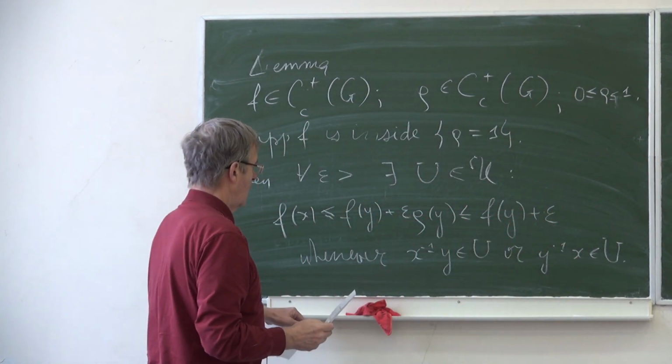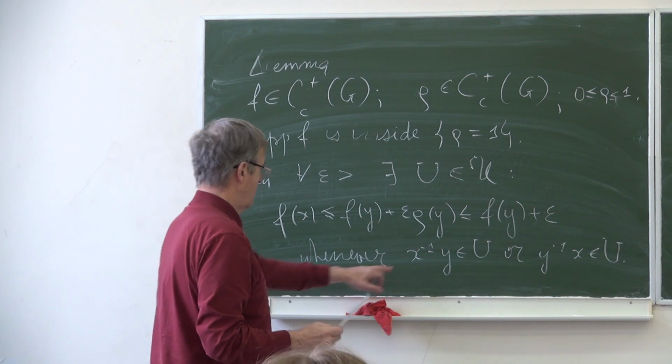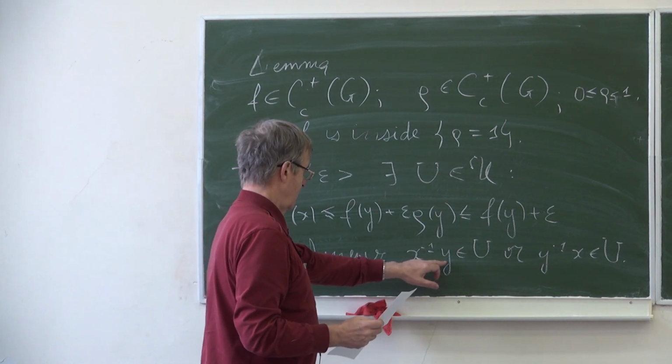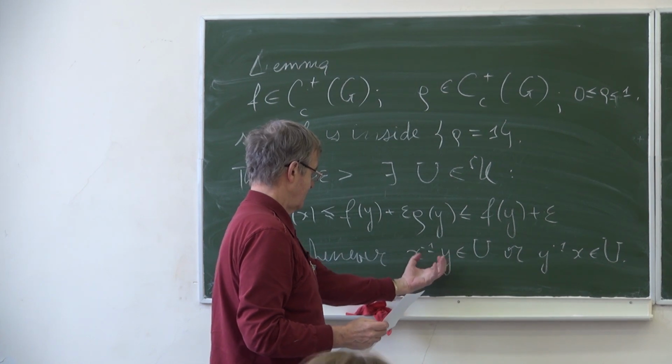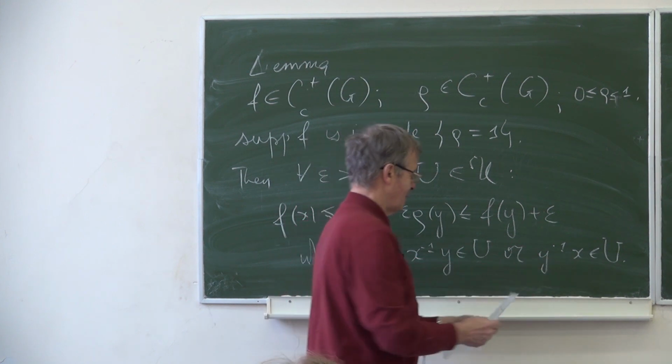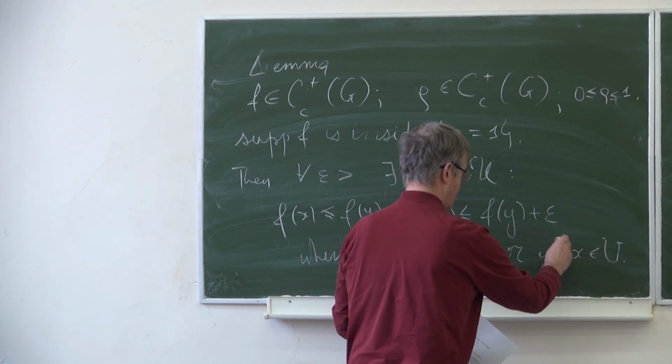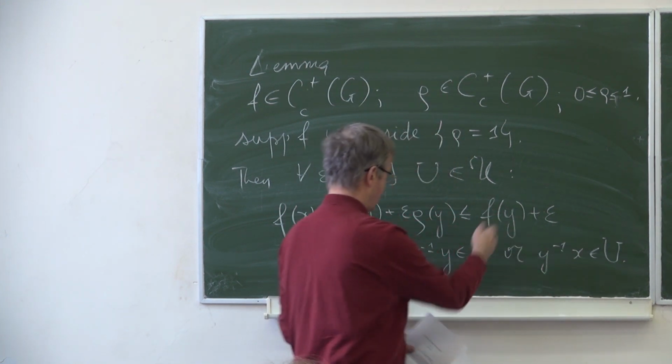Okay, so when x and y do not differ much from each other, their, so to say, difference, in this order, is of size U, then we have the following inequality.